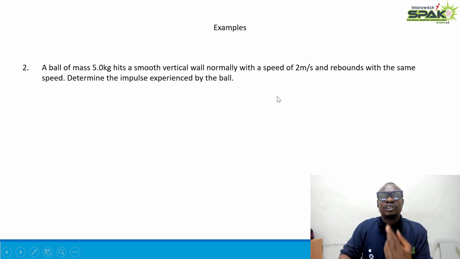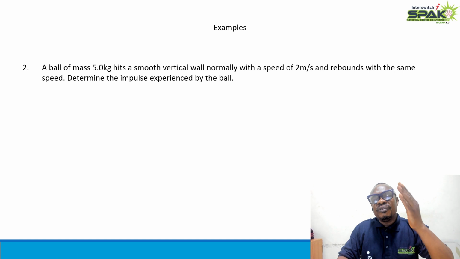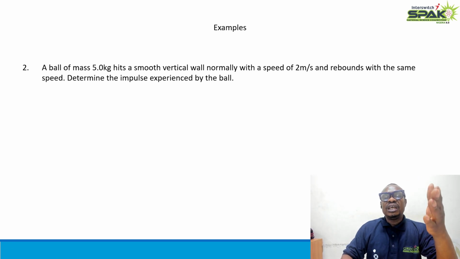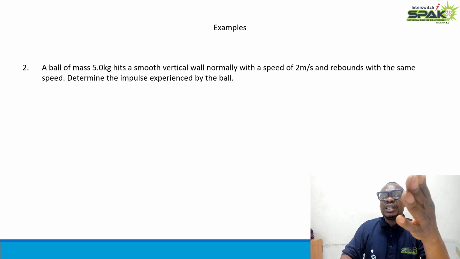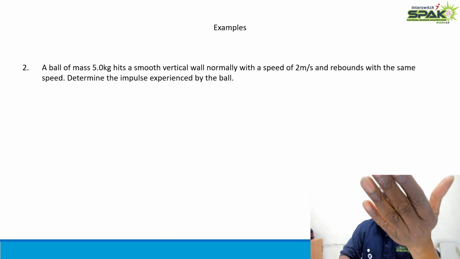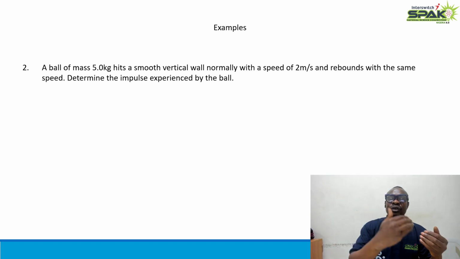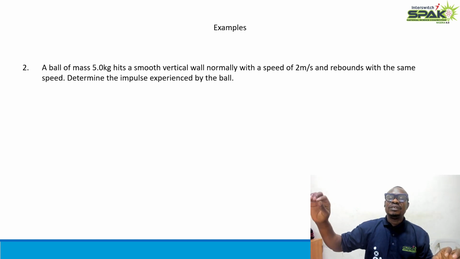Now, before we solve this, there are 2 ways you can reason this out. The initial velocity is moving in a particular direction, then the ball rebounds and starts coming back. So the vector is in the opposite direction and takes the sign of negative.